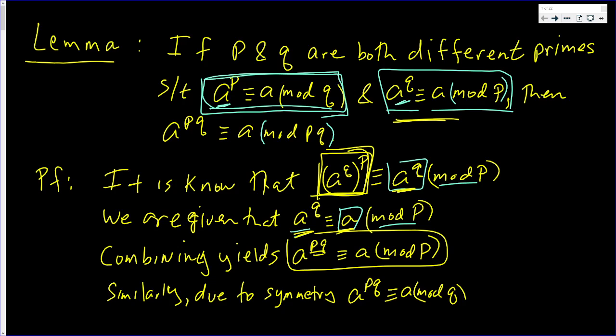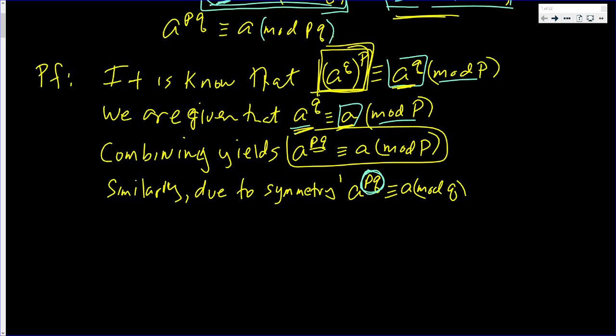I really should be calling it qp, because I'm supposed to interchange the p's and the q's, but I didn't. Now we have these two statements, say 1 and 2.